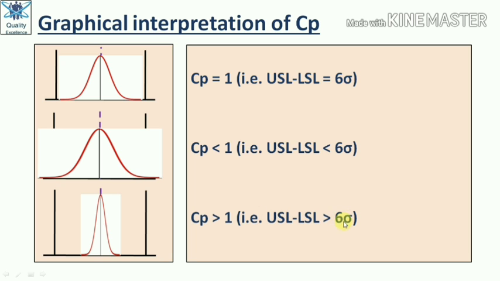So the CP value will be greater than 1. If the value of CP is higher, your process spread will be less and you will be able to deliver good product to the customer with good confidence because it will not cross your specification limits.